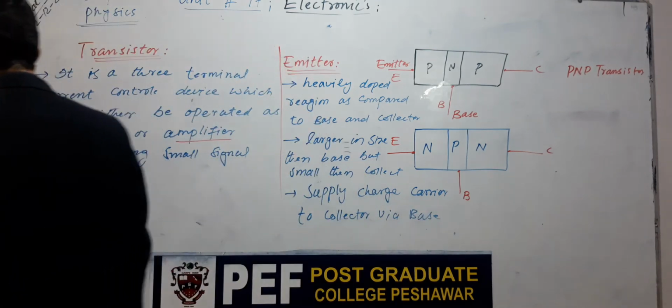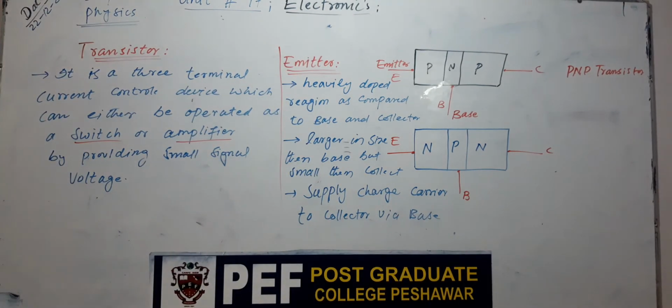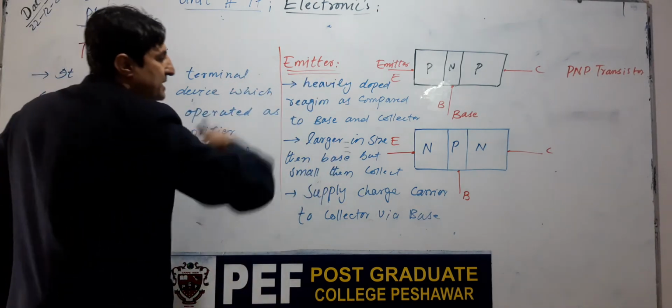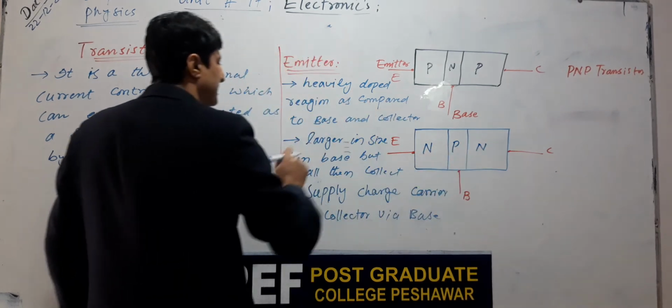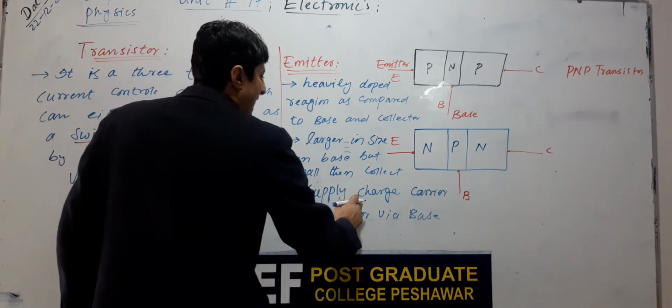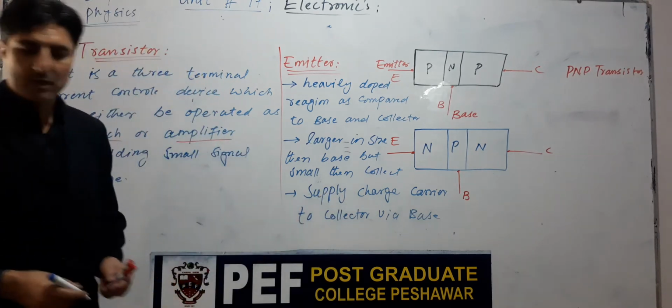So these are the three things which must be noted about the emitter. Heavily doped region, larger in size than base and smaller than collector, and it supplies charge carriers to the collector through the base.